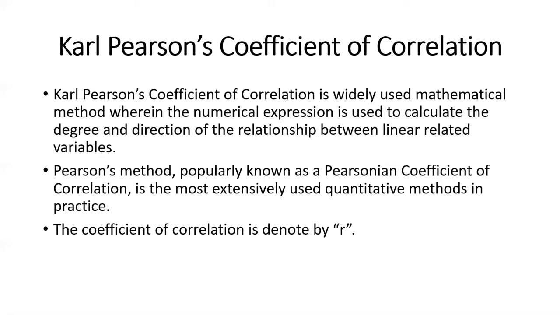Where the methods practiced are quantitative in nature, we use the Pearson correlation coefficient method to understand the association between the variables. I hope you are understanding. The coefficient of correlation is denoted by R. Same points were there, just another name we get to know here.